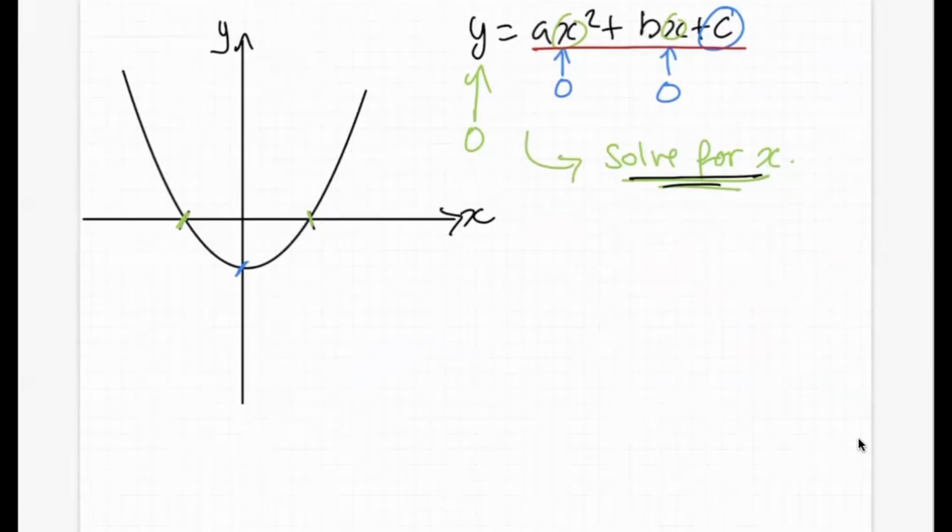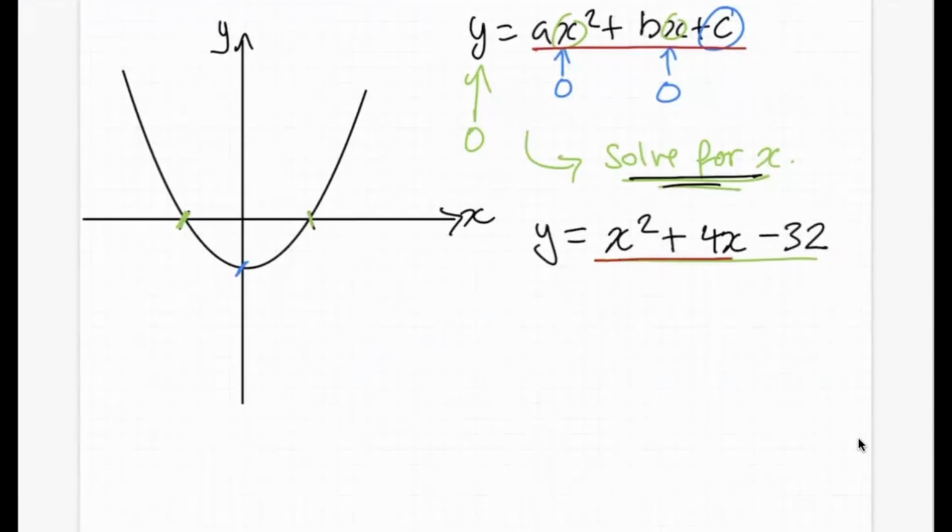But let's say you had an equation like y equals x squared plus 4x minus 32. So let's say you had this equation, and you were asked to figure out the x-intercept. So that is, again, where does this graph cross the x-axis, right?